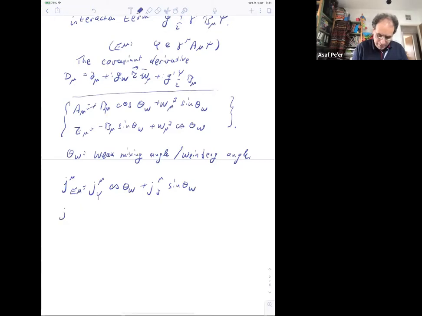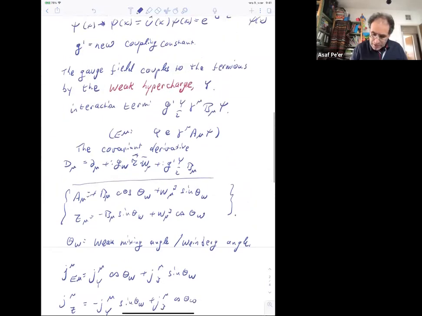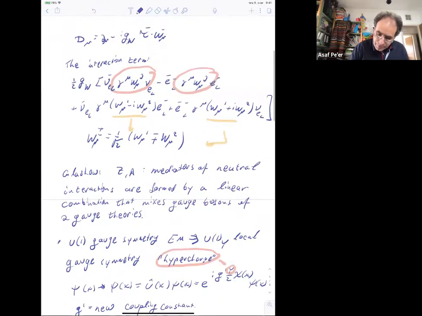And the current for the Z boson is minus J mu Y sine theta weak plus J mu 3 cosine theta weak. And the J mu 3 is exactly what we had here.